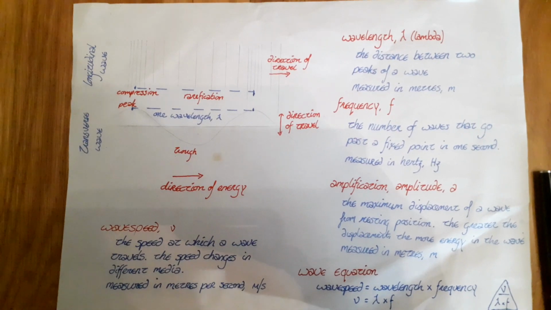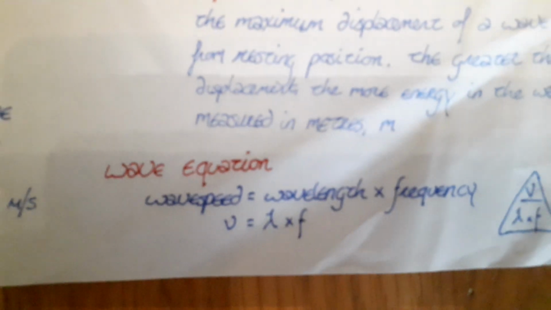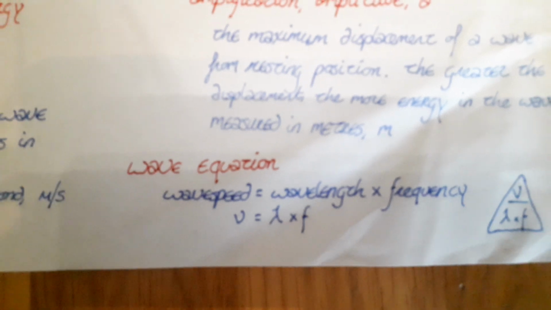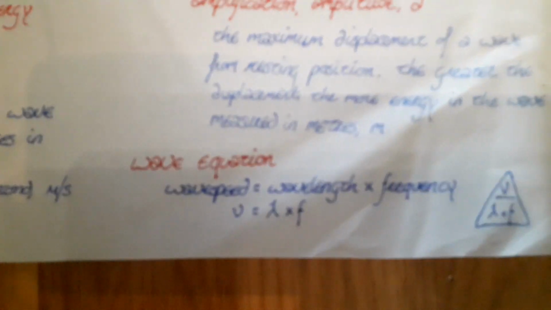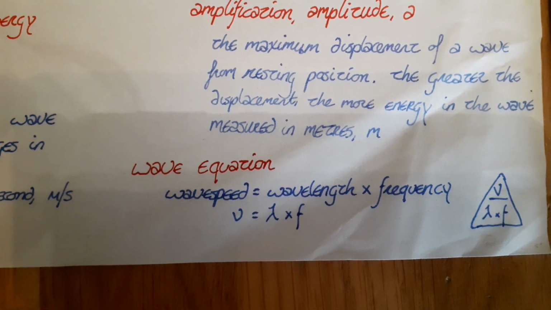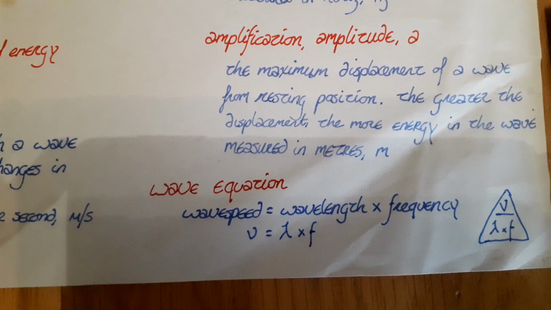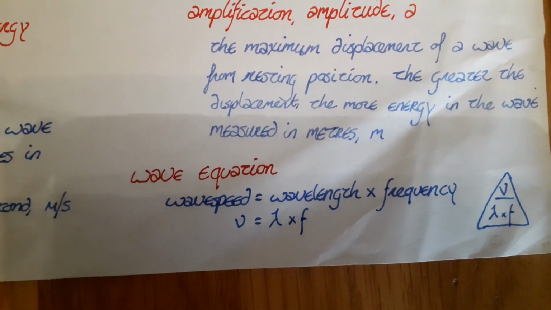Okay, so we're back to our little diagram again, and the wave equation is the next thing I've pulled out for us to do. Our wave speed is equal to our wavelength times frequency. And the thing in physics is that the units usually make some sort of sense.